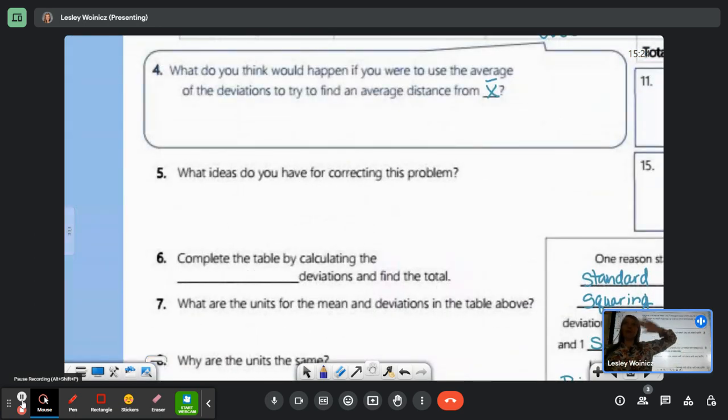So the ideas that we had for correcting this problem were absolute deviation, like taking the absolute value of the deviations, and then squaring the deviations. Okay, so write those down. To complete the table by calculating the squared deviations.